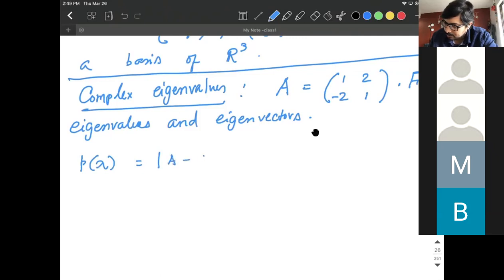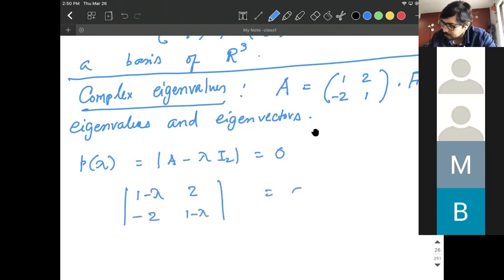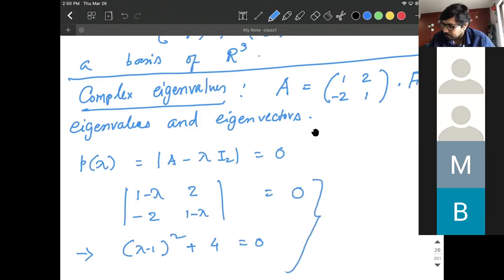So A minus lambda I2. This is what you want. And A minus lambda I2 is 1 minus lambda, 2, then minus 2, and 1 minus lambda. This determinant is 0, means (lambda minus 1) square plus 4 is 0. So now you can realize that you don't have any real roots of this equation, but you do have complex roots.